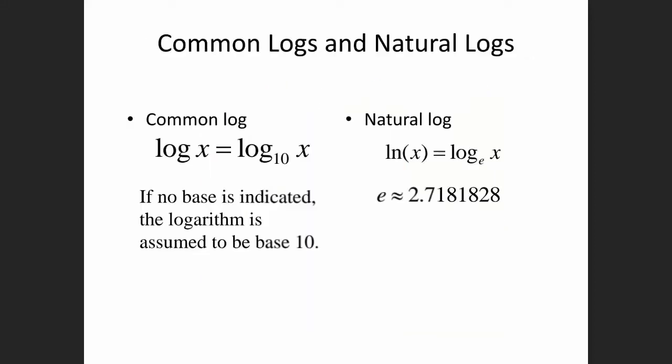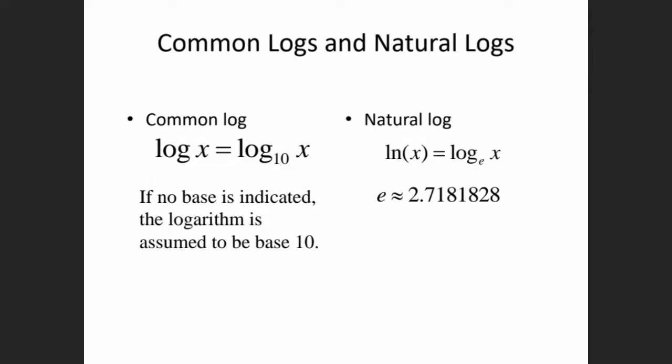Okay, so let's look at the difference between common logs and natural logs. The common log is base 10. When it's base 10, since our calculator can do this, we usually don't write the base. So if you see a log on your homework and they don't write the base, we're assuming that it is base 10.